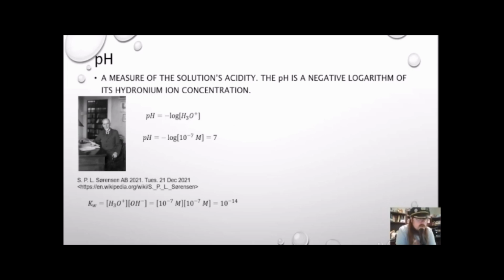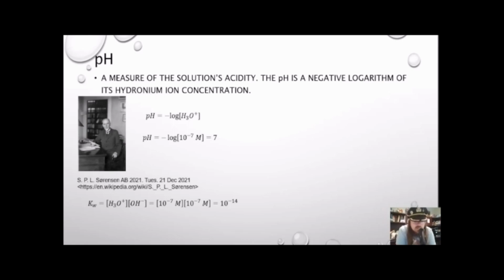Due to the nature of the hydronium and hydroxide concentration from water, because it's amphoteric, we can actually measure the concentrations as a product of hydronium times hydroxide. The equilibrium expression for water, Kw, is constant, and that at neutral water, when 10 to the negative 7th and 10 to the negative 7th, you have 10 to the negative 14th.